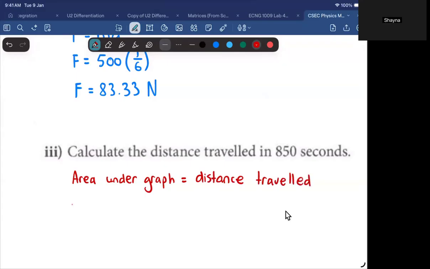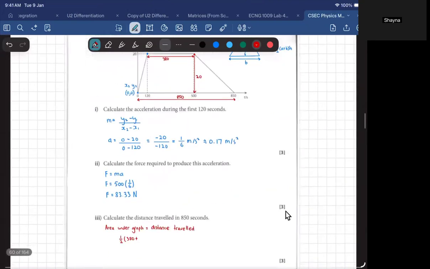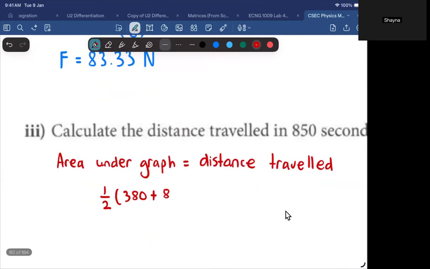And the area would have been equal to a half times (380 plus 850) multiplied by 20. Was it 850? Yeah, it was 850. And that should be equal to the distance traveled.